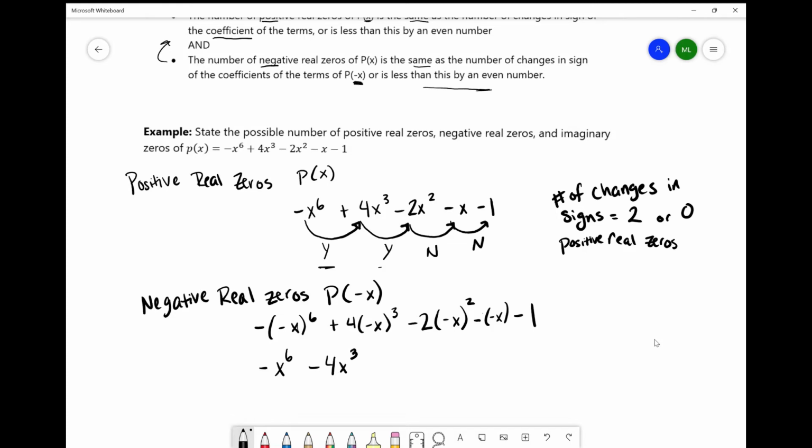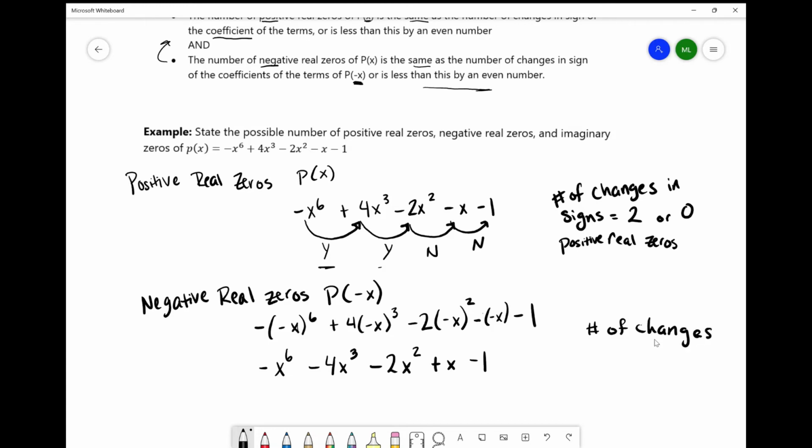Then I have a negative to an even power, so that stays the same: minus 2x squared. And this is an odd power, to the power 1, so it's negative times negative x, which is positive x, because negative times negative is positive. And then minus 1. You don't have an x there to plug in, so it stays the same. It's a constant.